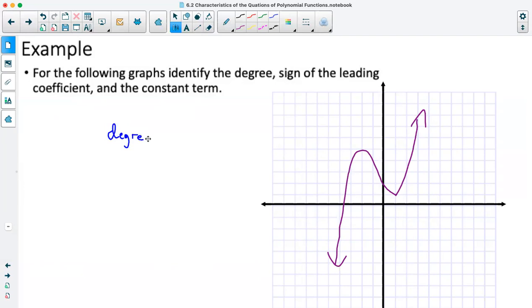So we have a degree of 3, positive leading coefficient, because we're starting down here and ending up here for a cubic. And our constant term is right here. So our constant term is 2.